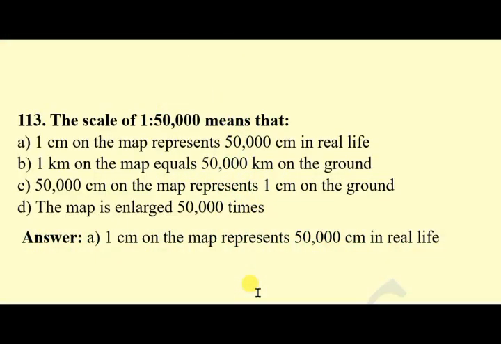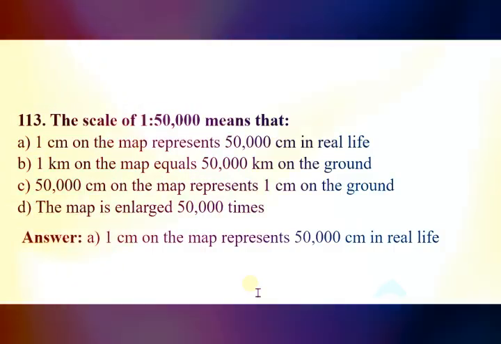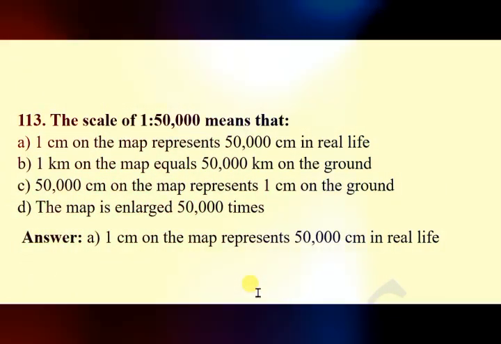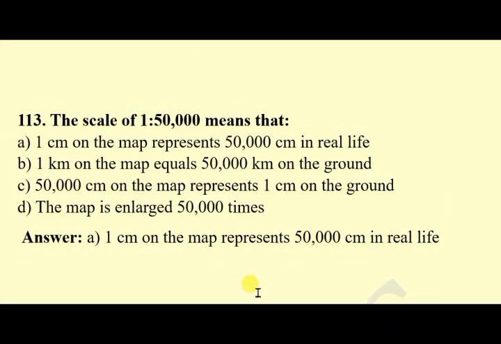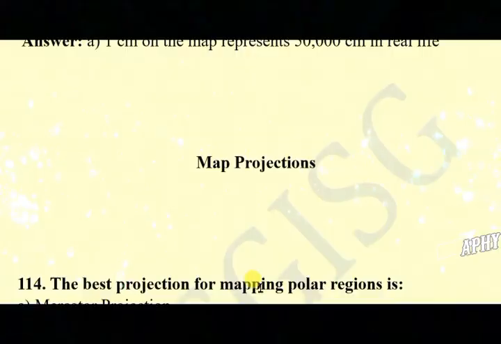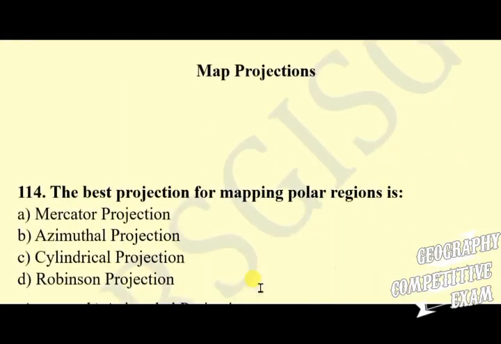So the right answer will be 1 centimeter on the map represents 50,000 centimeters in real life. Otherwise, you can say 1 meter on the map represents 50,000 meters, or 1 kilometer on the map represents 50,000 kilometers on the actual earth.